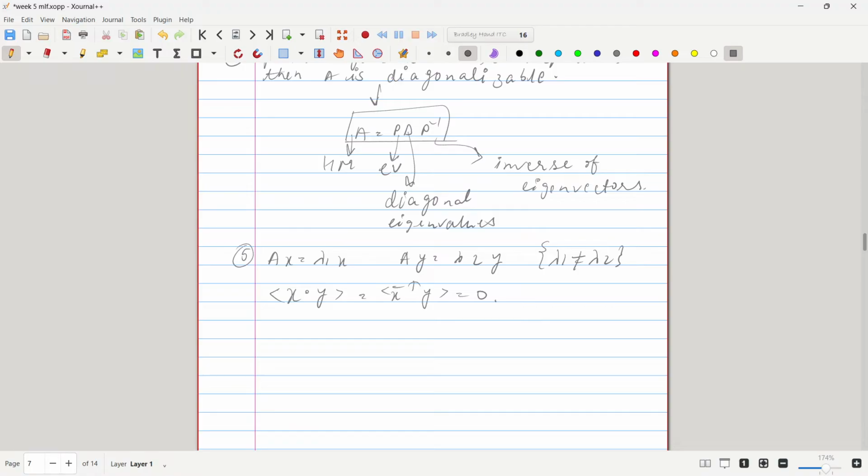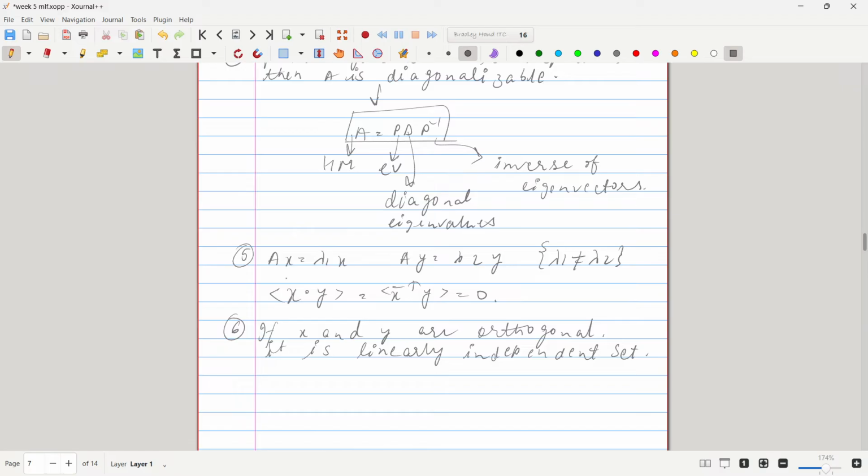Okay. And the most important property is, if x and y are orthogonal, it is a linearly independent set.